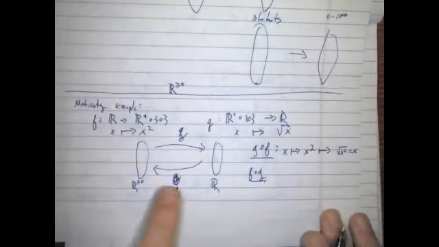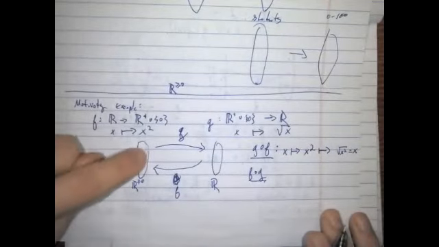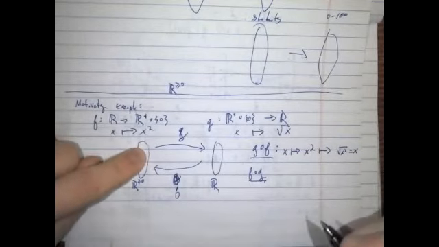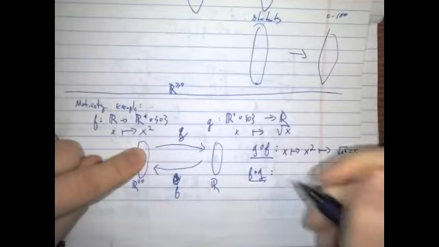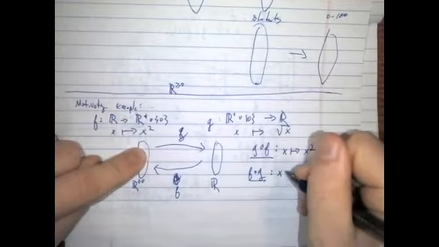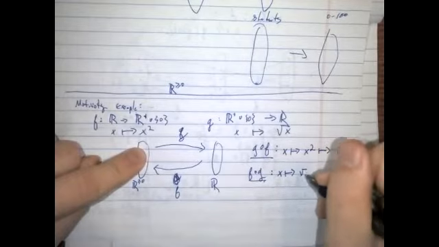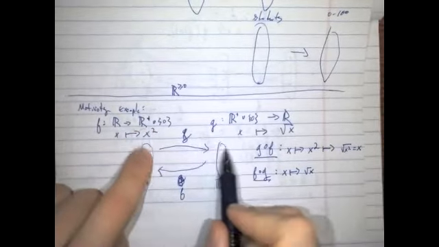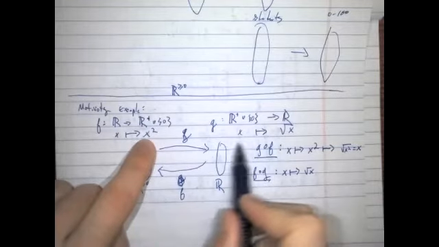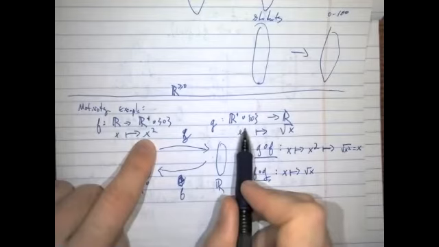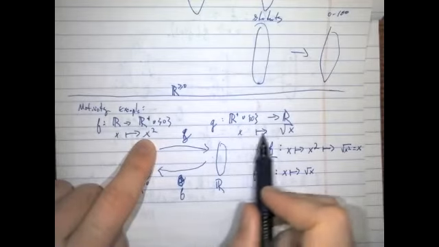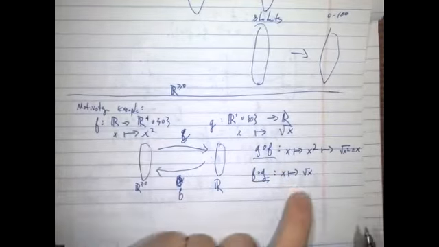Similarly, let's now go the other way. Let's now start on this side. What happens if I take the square root of a number? First of all, G is going to send X to the square root of X, and I've restricted my domain such that this is a well-defined thing. I'm not taking the square root of any negative numbers because they're not in my domain. So this is a unique assignment. There are no issues with this function.